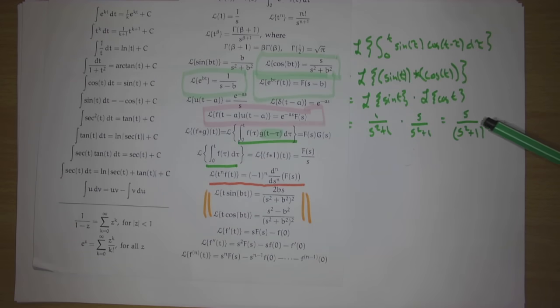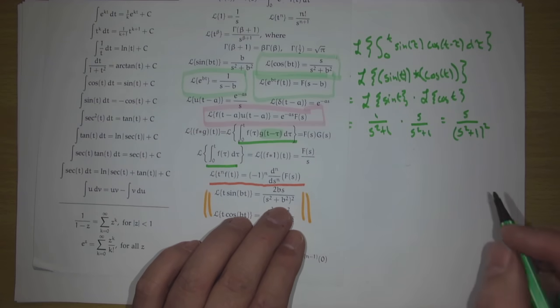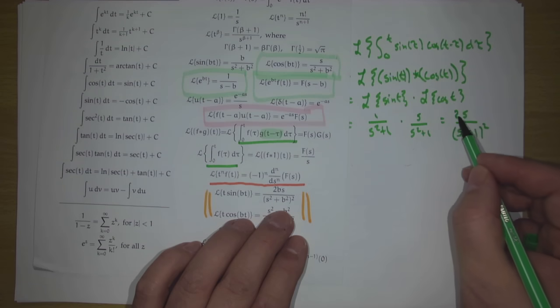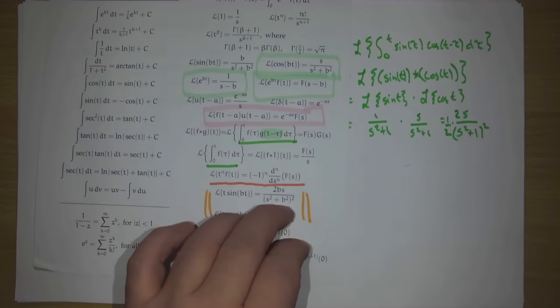Because we have the s squared plus 1 squared. What are we missing? 2b, right? But what is b? 1. So what do we need upstairs? 2. So we'll put a 2, and of course, if we add, we have to balance, so times a half.